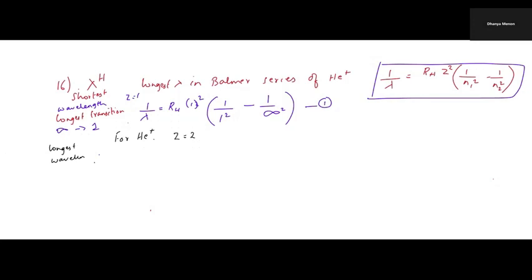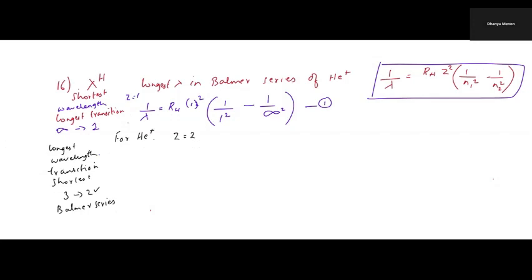If it is the longest wavelength, then the transition will be the shortest, maybe from 3 to 2, because it is the Balmer series. If it is the Balmer series, then N1 is equal to 2, from any higher orbital to 2.